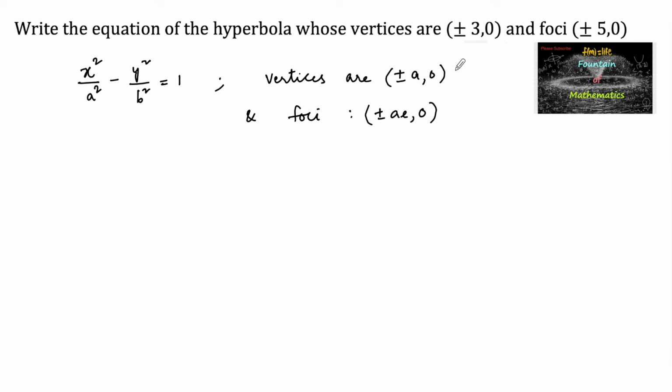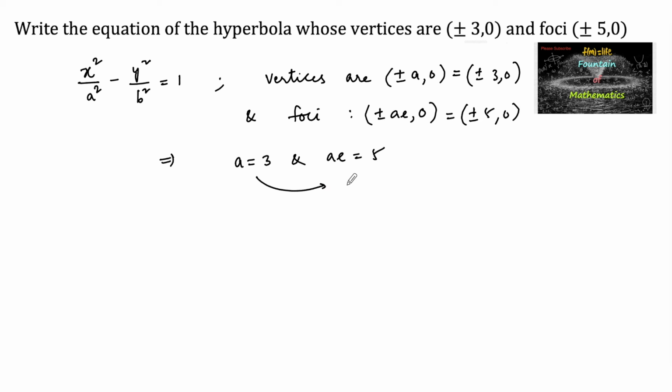So given vertices plus or minus 3, 0 and foci plus or minus 5 comma 0, from here we can consider a is equal to 3 and ae is equal to 5.